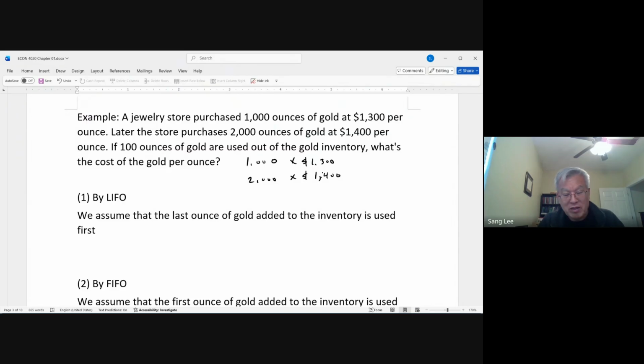When you grab a gold bar to produce rings, necklaces, or whatever, unless you label them, you don't know which gold bar you are using. Is it one of the gold bars that I purchased earlier or later? In this case, you just use one of these three approved methods.